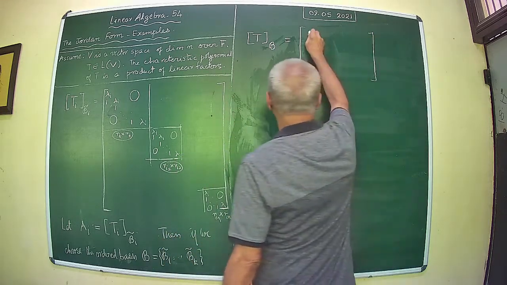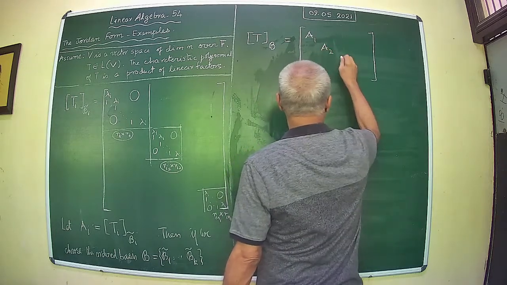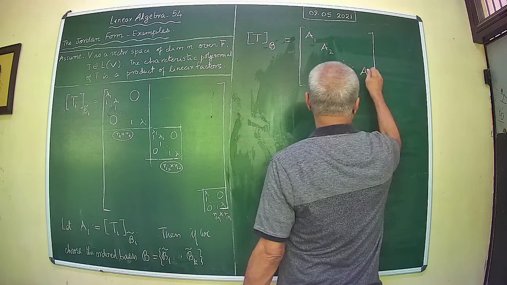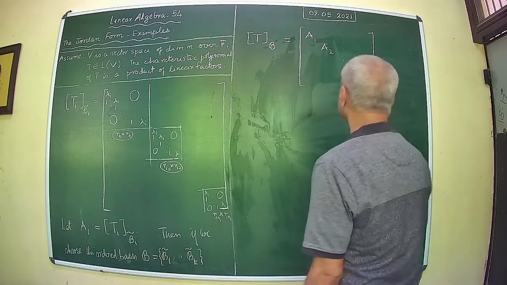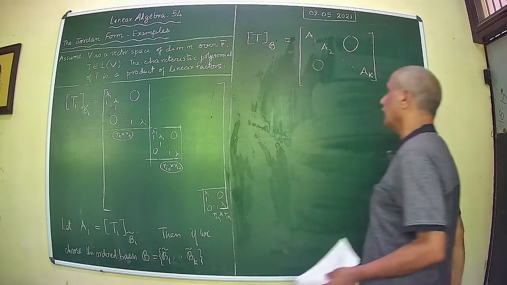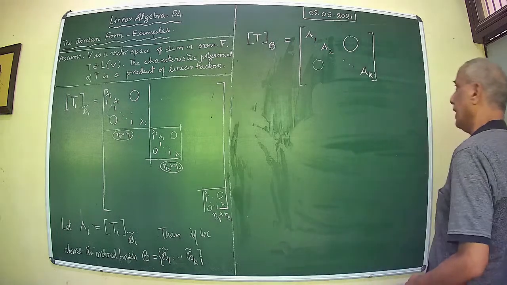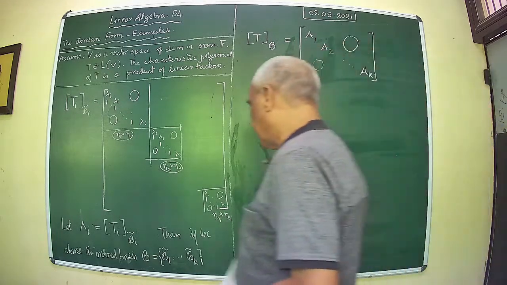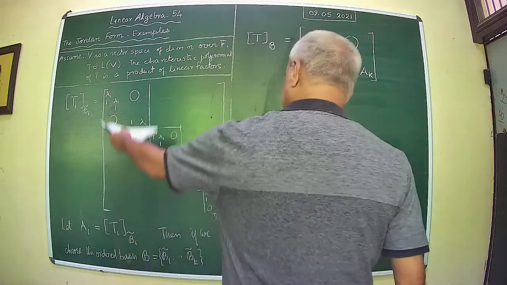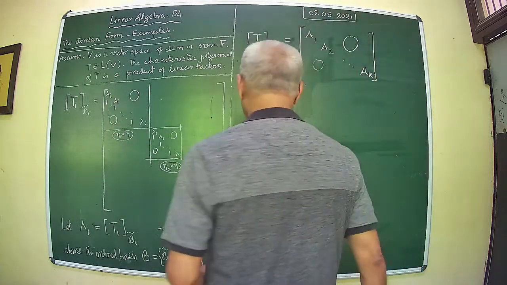Into blocks A1, AK, 0 along the diagonal. The blocks A1, A2, etc. AK along the diagonal where AIs are defined in this way. So each AI looks like this, the corresponding alpha.